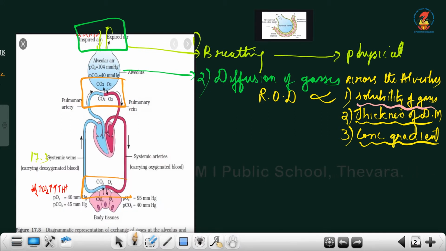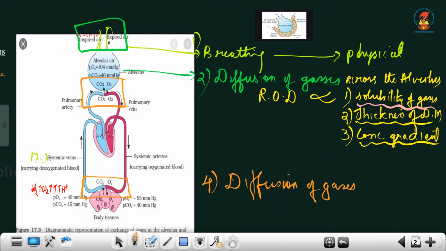The fourth step and the second step are dealing with diffusion. Because they have the same event, I'm bringing them together: diffusion of gases across the cells or cell membrane.